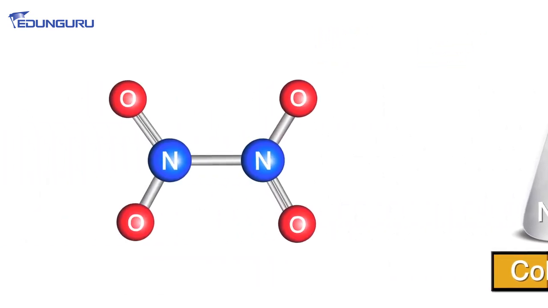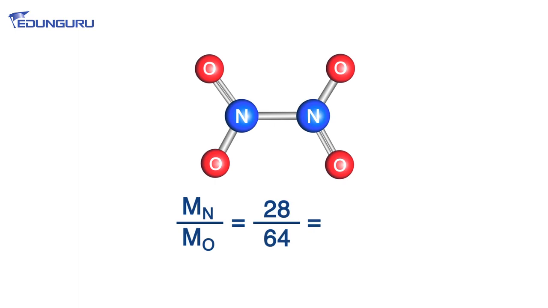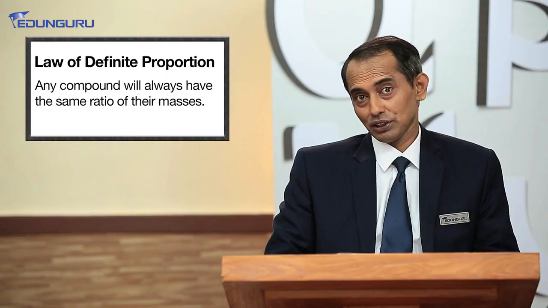Now, let us see what the mass ratio of nitrogen and oxygen is. Mass of nitrogen by mass of oxygen over here is 14 plus 14, 28, divided by 64, which again comes to 7/16. Now, look, what Proust stated is that whenever the compound is the same, the mass ratio of the elements is the same. So, the reverse should also be true: if the mass ratio of the elements is the same, the compound is the same.